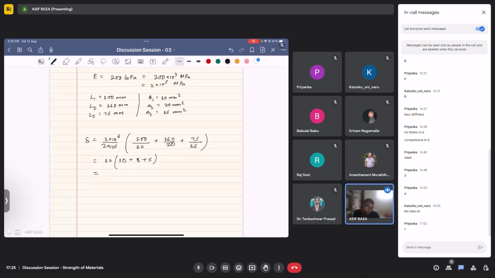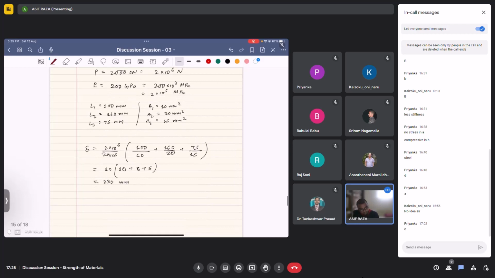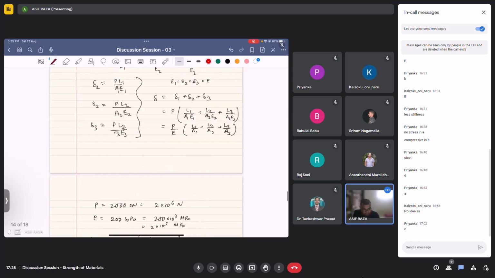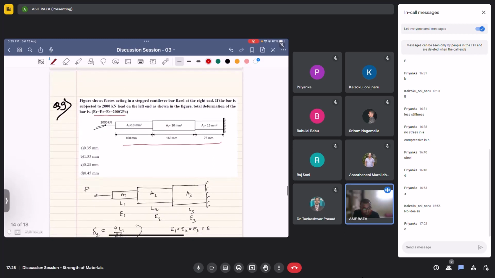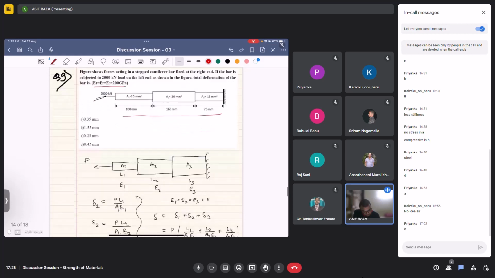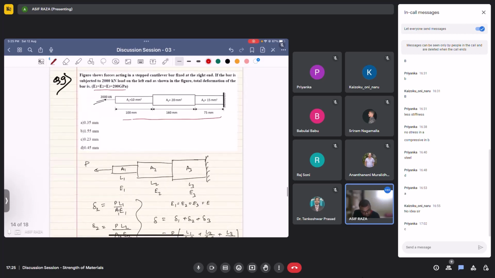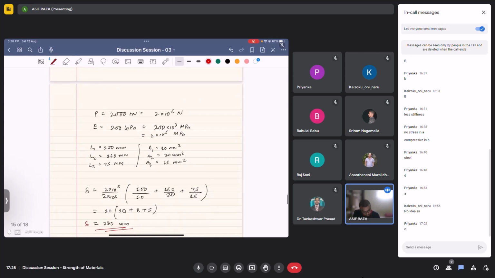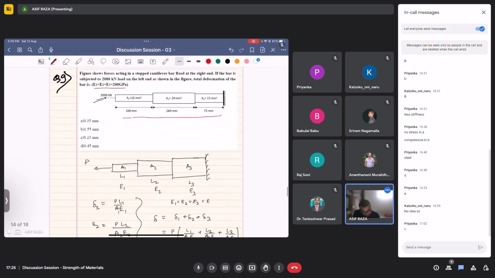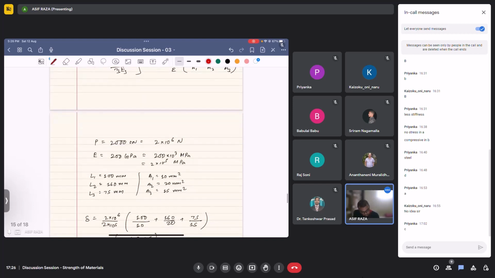So 10 plus 8 is 18, plus 5 is 23, times 10 is 230, and the unit would be in mm. You should check the units properly. Somewhere I made a mistake: 2000 kilonewton is 2 into 10 power 6, and 200 GPa is 200 into 10 power 3 MPa, that is 2 into 10 power 5.